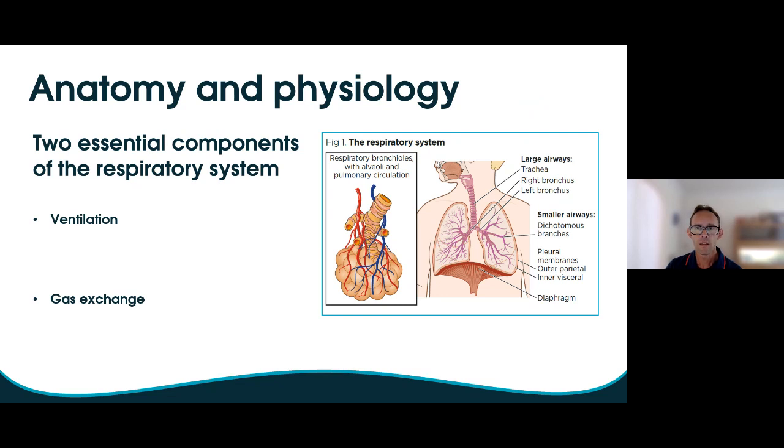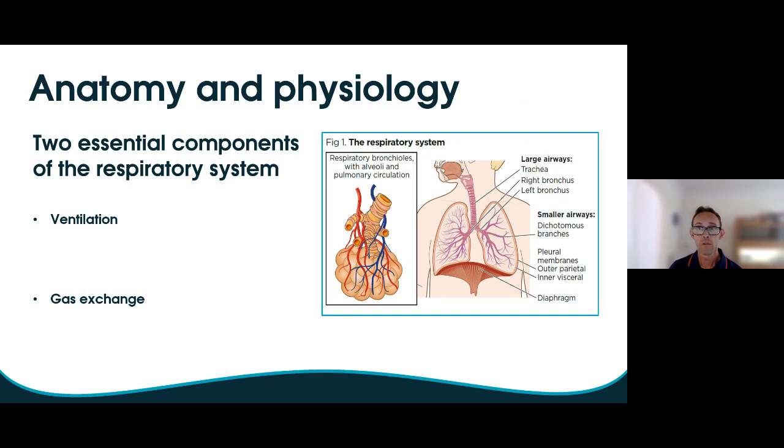Alveoli are the main site where gas exchange takes place. This allows for a large surface area for gas exchange. And you have central and peripheral chemoreceptors, which are sensitive to hypoxia, that's low oxygen levels, and hypercapnia, the increased carbon dioxide levels, and control the drive to breathe.